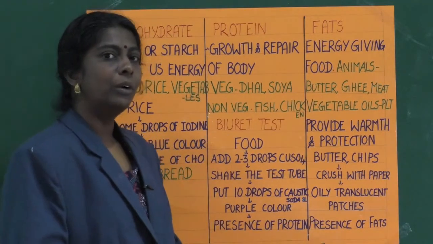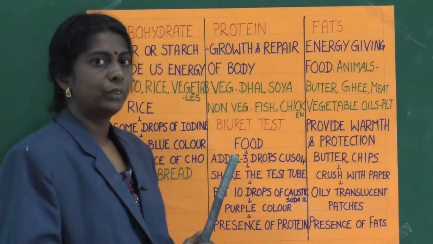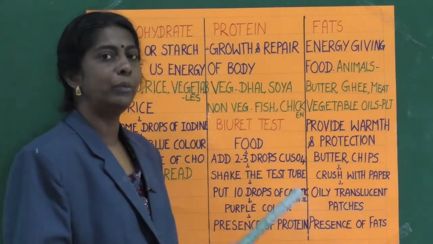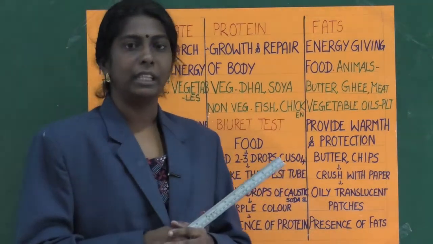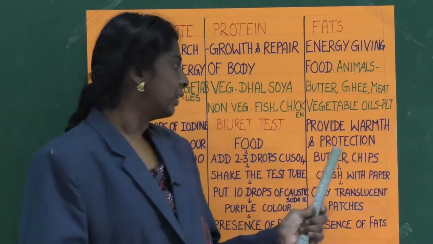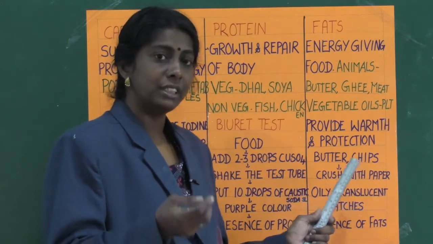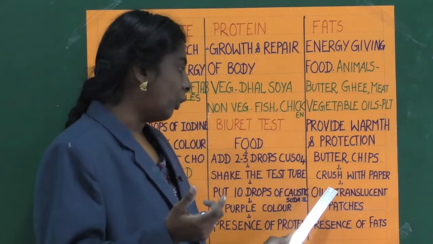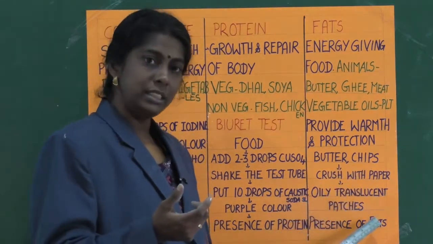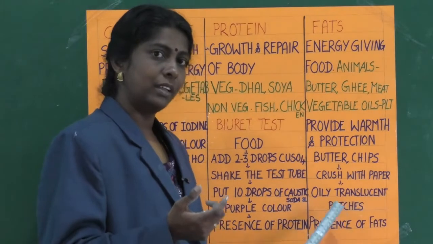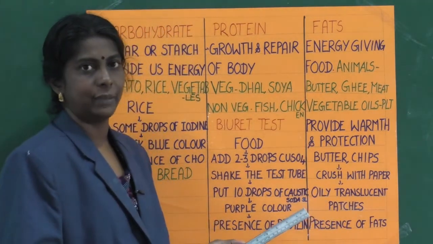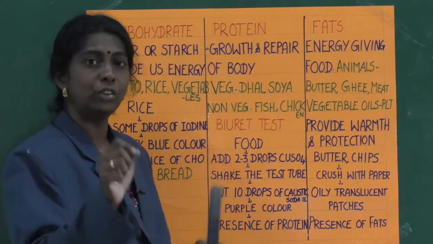Now about the test. To find out the presence of fats, what will we be doing? For example, you can take food samples such as butter or chips. If you crush it with paper, you will get oily translucent patches. These oil patches are the indication of the presence of fats.